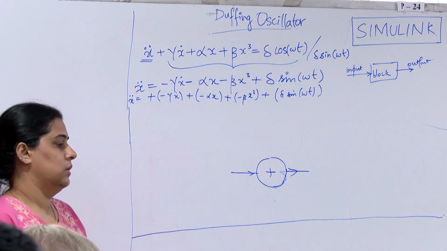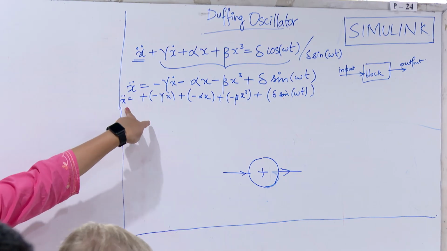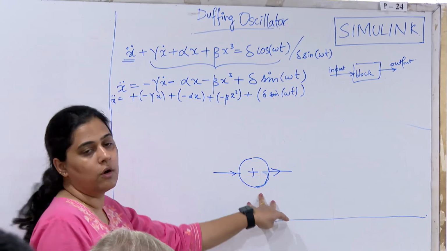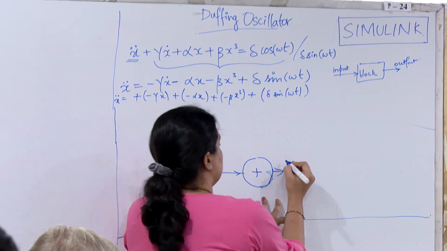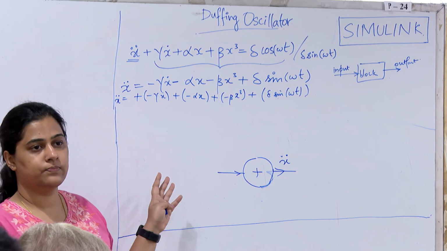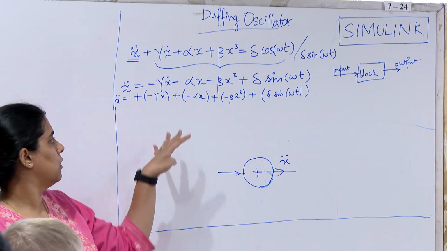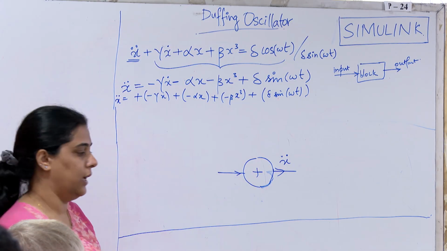How many outputs will it have? One. Whatever you are getting out of this block will be your x double dot, as per this equation. How many inputs do you need for this? Four, right? So for this block you will be needing four inputs.